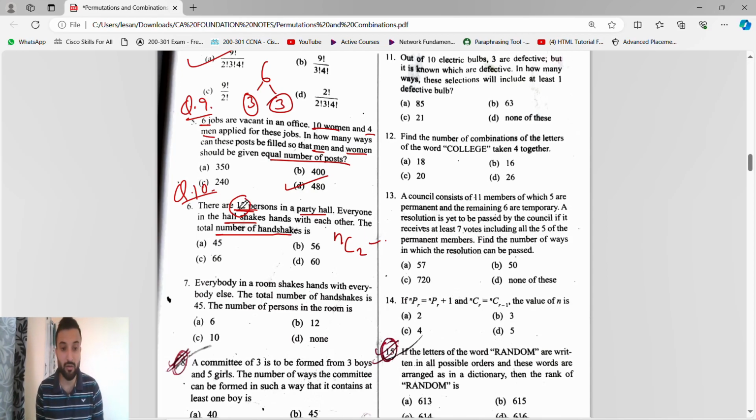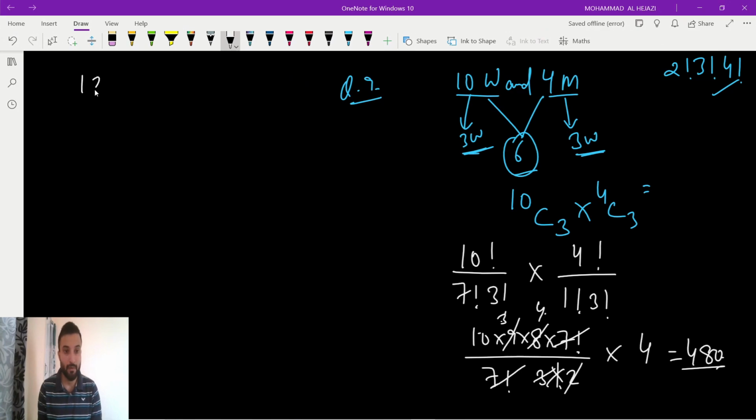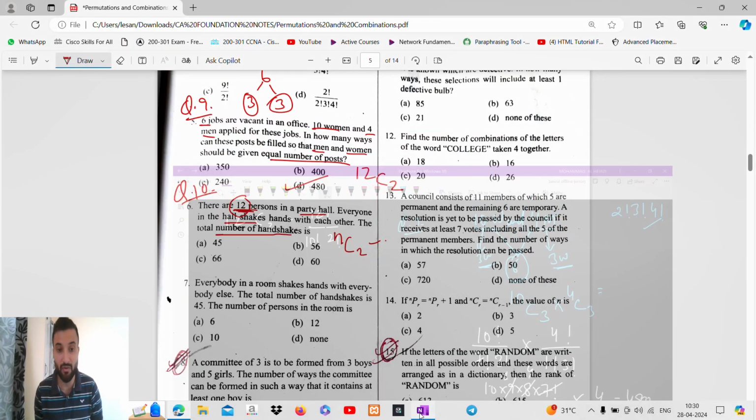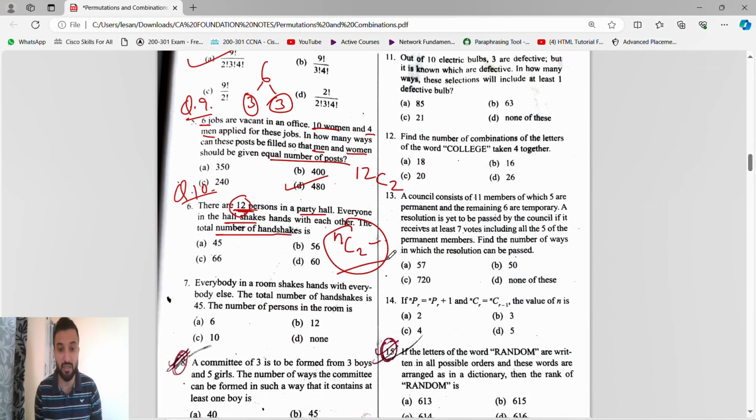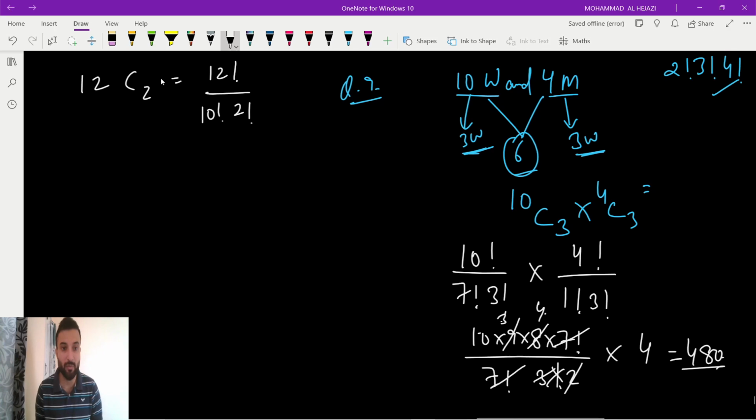So now N is what? The total number, so 12. So 12C2 is the answer. We have to find out what 12C2 is. 12C2 means 12 factorial divided by 12 minus 2, 10 factorial into 2 factorial. Remember, handshake is a combination, and for handshake we have the formula NC2.